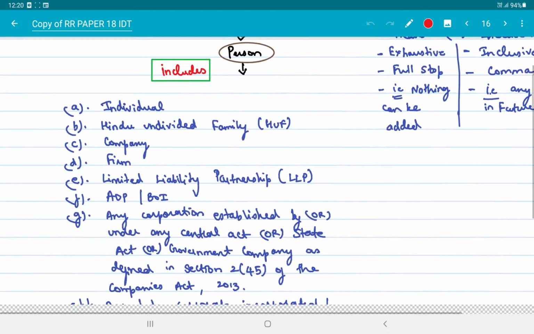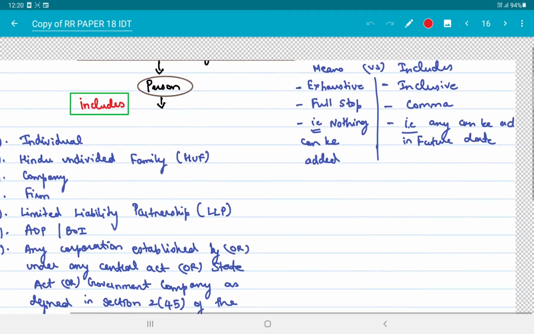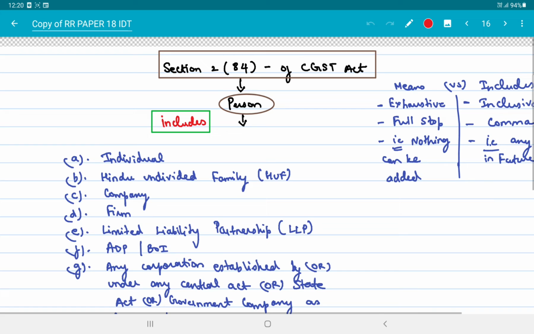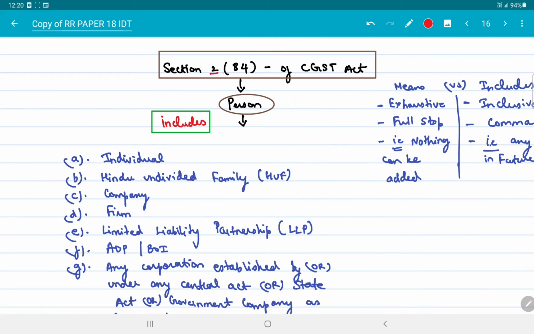Okay, then comes person. Before that, section 2(84) talks about person.